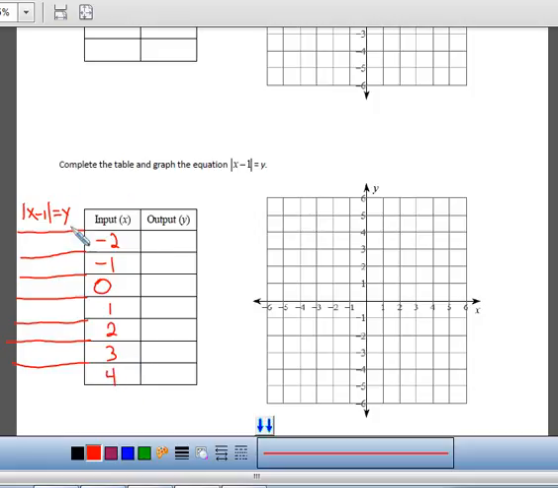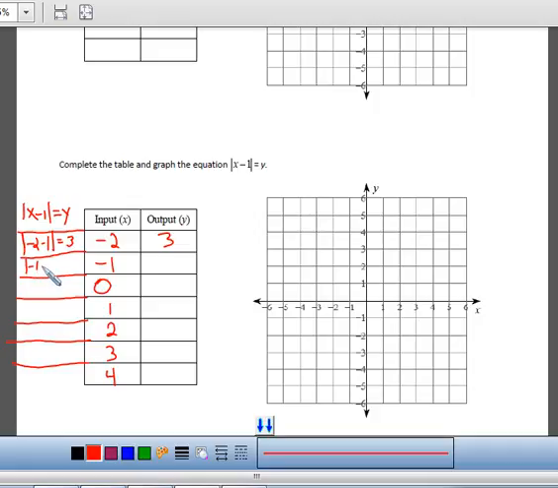Alright, so what happens? Well, if I plug -2 in and then take 1 away, I get -3. But -3 turned into a positive is +3. Absolute value means you take that distance from 0. So -3 is 3 spaces from 0.